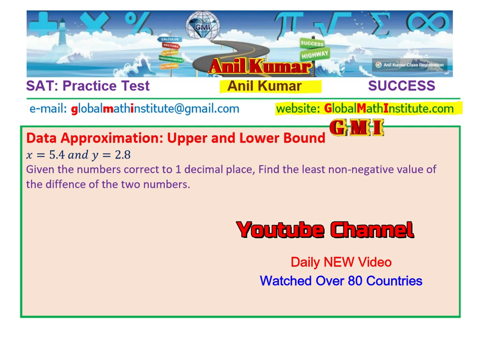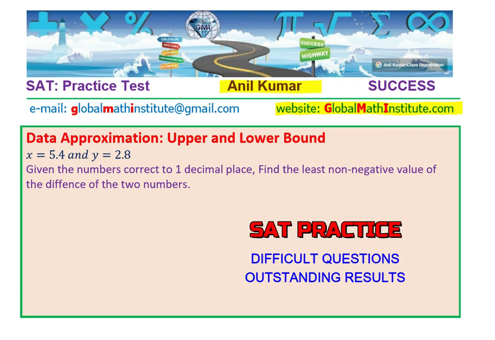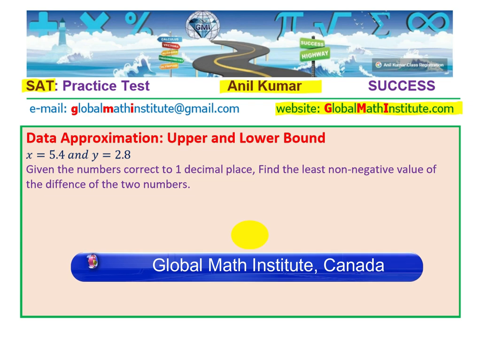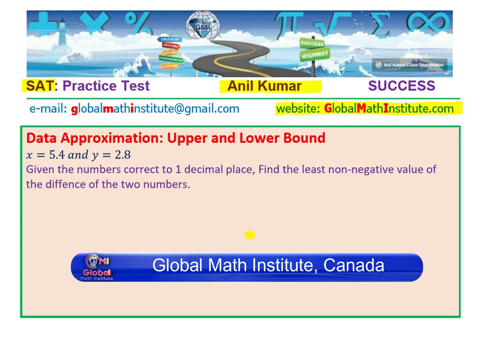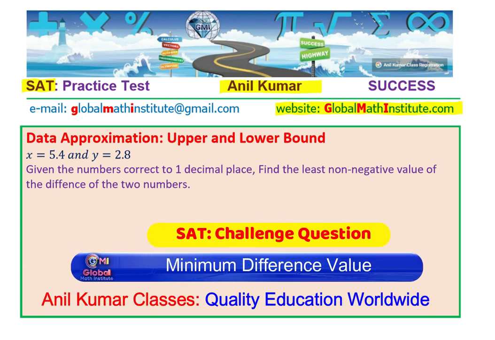In this playlist, we are discussing how to practice for SAT. We have taken up some very difficult and challenging questions, with 90% of students finding it difficult to solve them. In this video, we will see how we consider the upper and lower bound of the data when rounded figures are given to us.